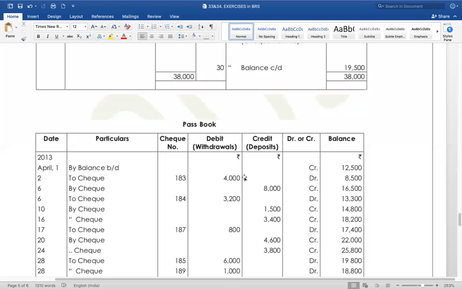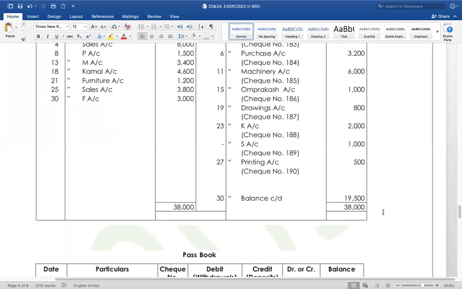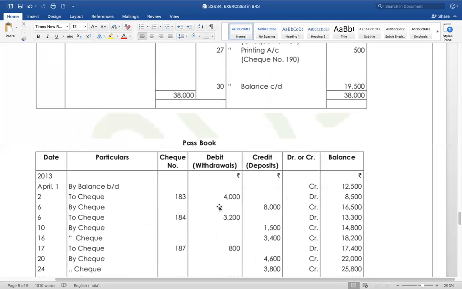It is opposite. My question is why it is written on the opposite side in the passbook. In the cash book, we don't have any confusion: every time money is deposited, it comes in, you debit; it goes out, you credit. But why is it opposite in the passbook?